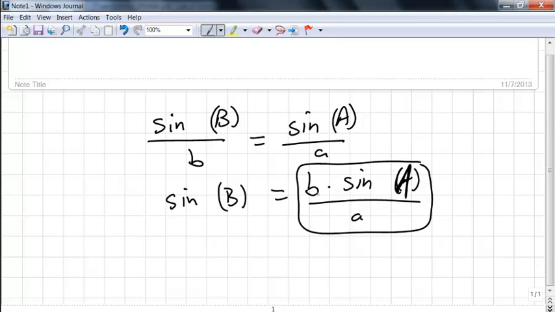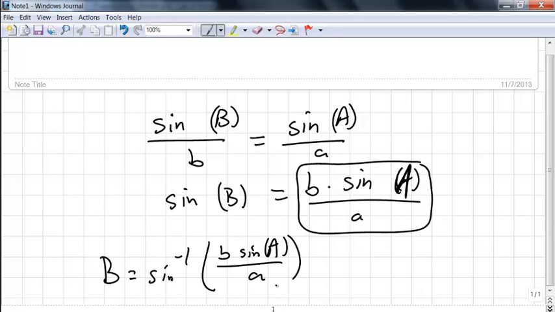But the output, if I just did arcsine of this, is going to give me an acute angle. But the angle might be obtuse. So you also have to say, what's the other possibility? B might be pi minus that, using radians here.